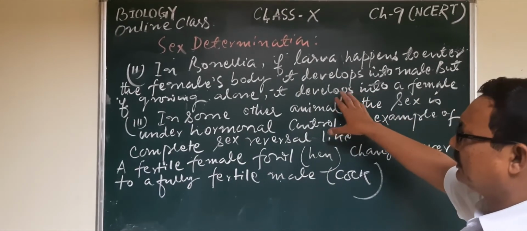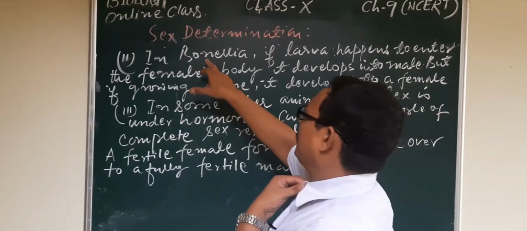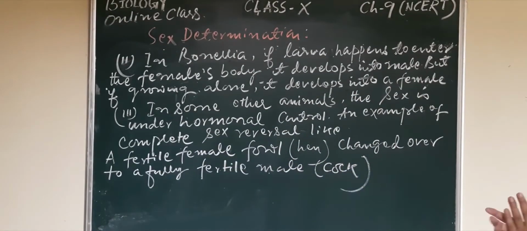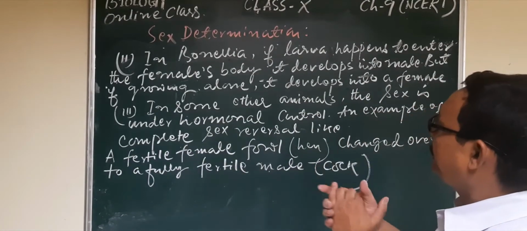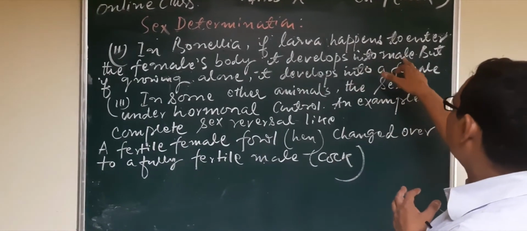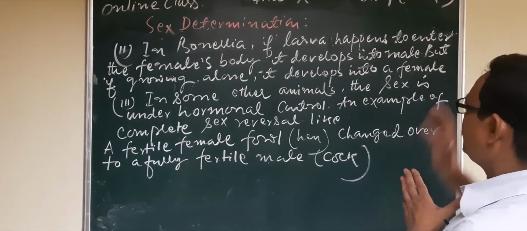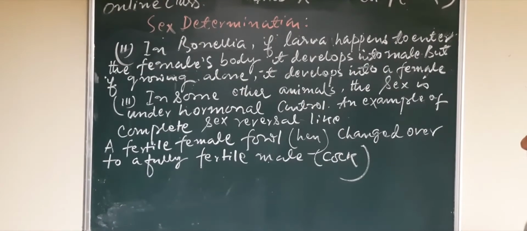The second example I have taken is Bonellia, an annelid. If the larva happens to enter the female's body, it develops into a male, but if growing alone, it develops into a female. It is another strategy taken.